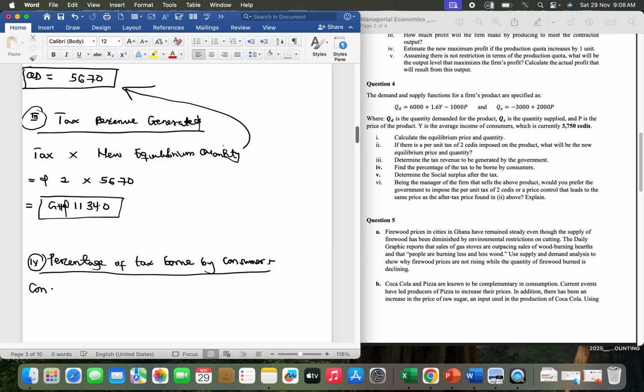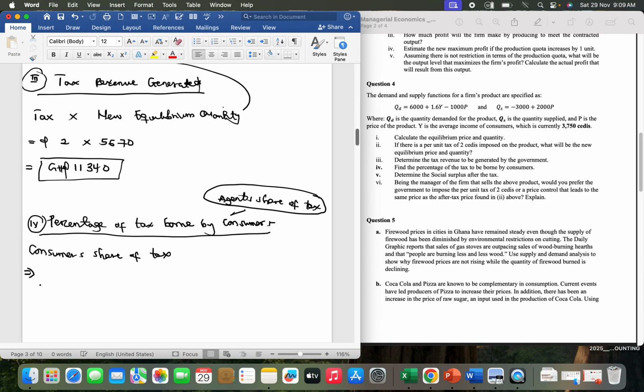So we're still talking about the agents. This question is the same as the agents' share of tax, where we have the consumers' share of tax and the producers' share of tax.